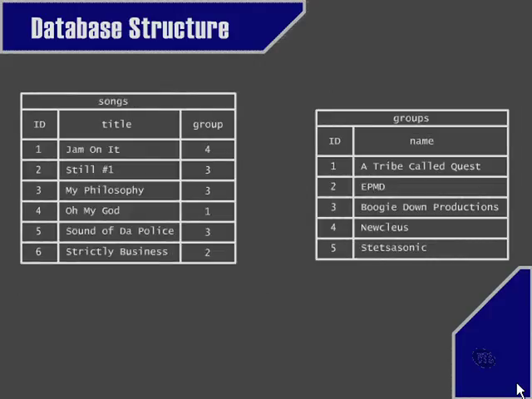Let's get these to the same size, and you'll notice that the numbers within the group column match up to the numbers in the ID column of the groups table. This is a way of forming a relationship between the songs table and the groups table.